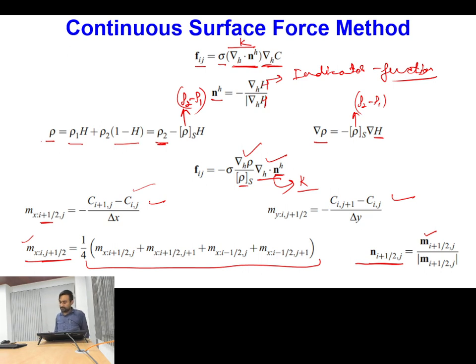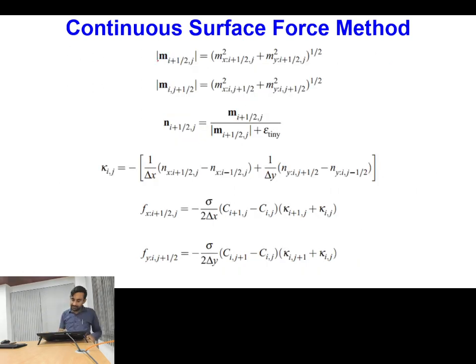So magnitude of normal vector, normal vector divided by its magnitude will be giving me the unit normal vector. Okay. So now using this formulation, I can calculate the value of n, and then if I know all magnitudes of m, then I can calculate n. But when you are calculating n, you have to take care of one thing.